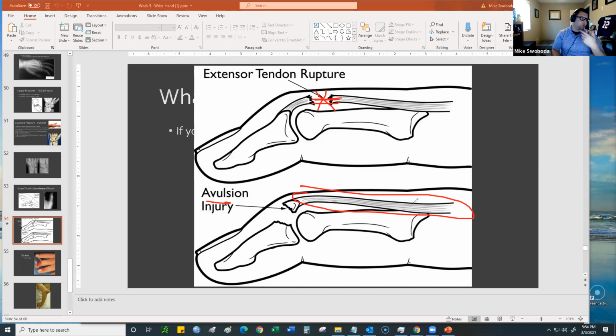It would kind of be like if we were playing tug of war with a piece of string. Any one of us that pulls on that string is going to rip the string, but are either of us going to move? And no, we wouldn't. So that's the same thing happening here. You're pulling on that tendon, not enough for it to break or rip, but enough to pull a piece of that bone off.